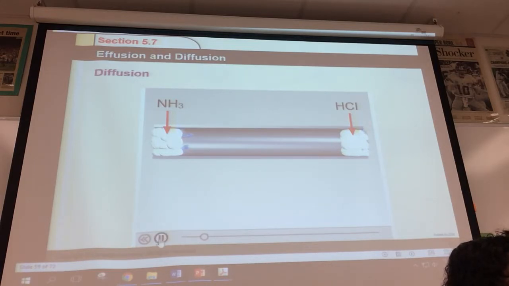Whereby molecules of gas move to completely occupy a space, getting a uniform partial pressure. In this example, gaseous ammonia and hydrogen chloride diffuse through air from either end of a sealed tube. When the two gases meet, a precipitation reaction occurs, forming ammonium chloride. The mass of the hydrogen chloride molecules relative to those of ammonia is greater.